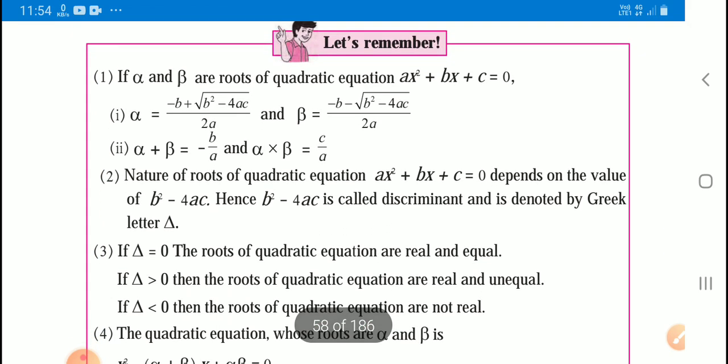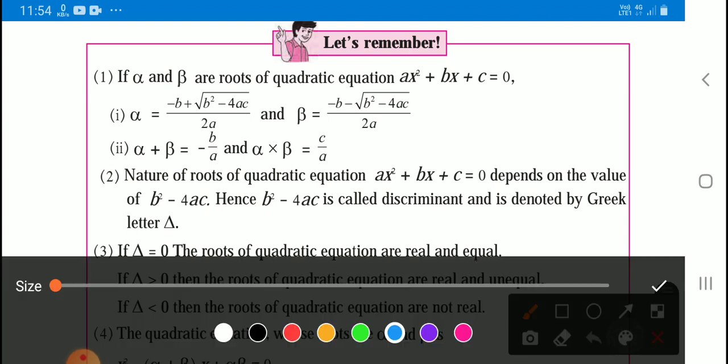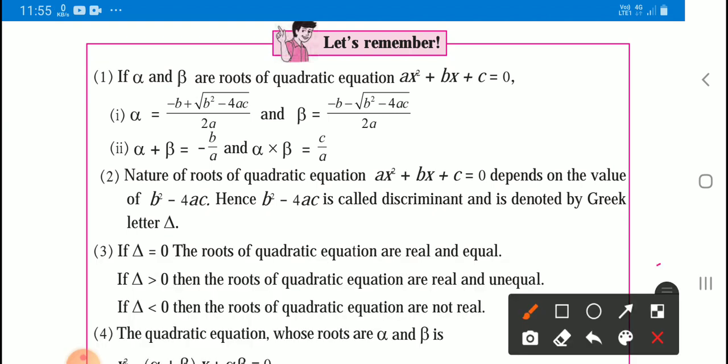From your syllabus, the first relation has been reduced. So again one time I will repeat this. The nature of the roots of the quadratic equation ax square plus bx plus c is equal to 0 depends on the value of the discriminant, that is b square minus 4ac, or delta. Delta is the Greek letter.